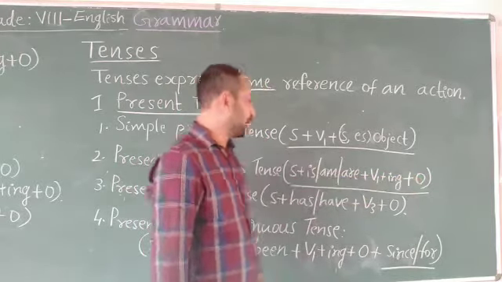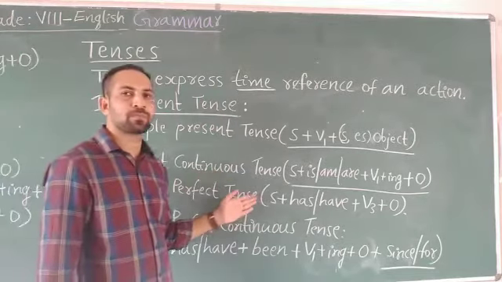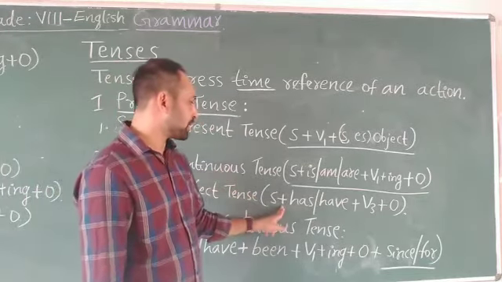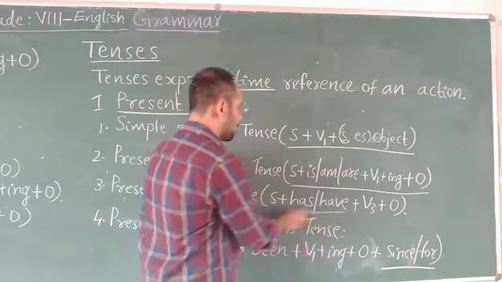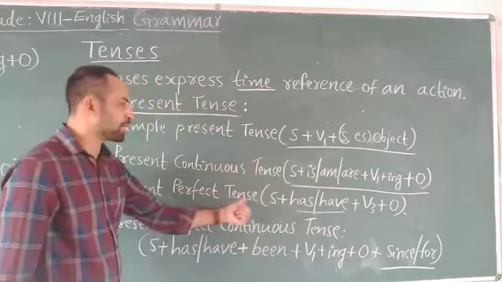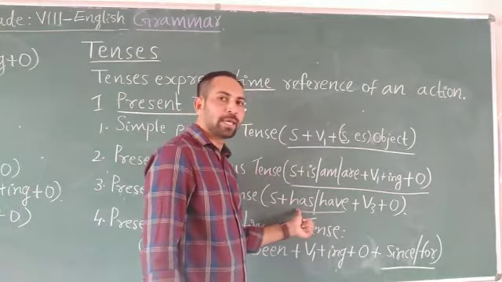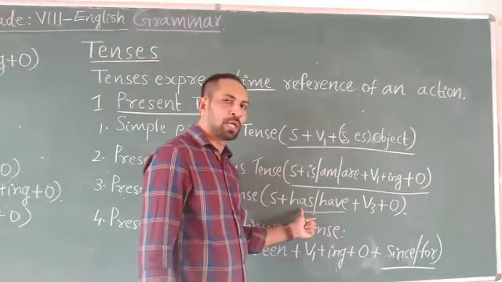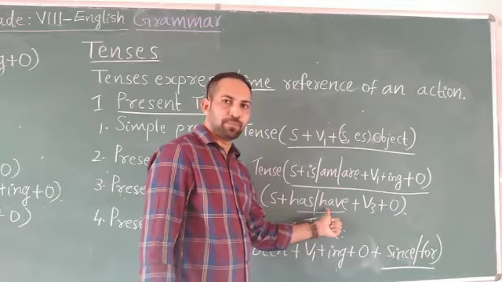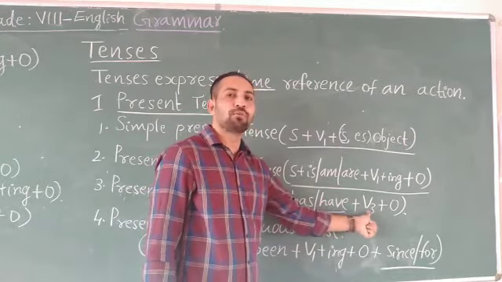Next, present perfect tense. The rule is subject plus has or have. Always remember, in present perfect tense we have to use these auxiliary verbs, has or have. Has is singular, have is plural. Plus V3 form of the verb.